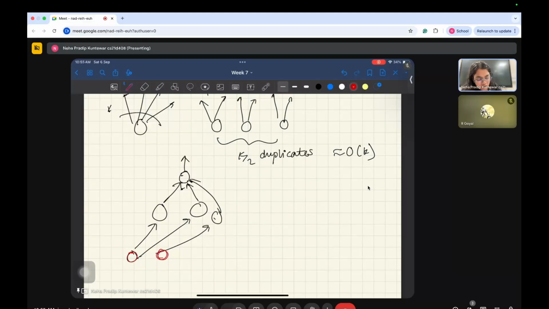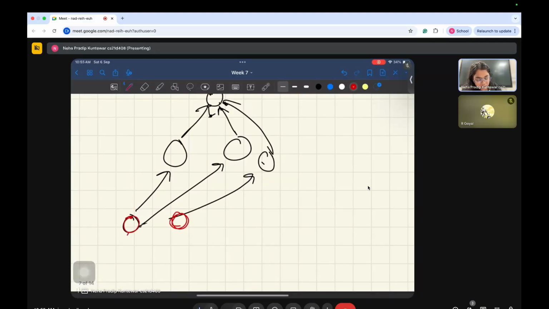But in order to duplicate this, the entire circuit that was there below it has to be duplicated again.